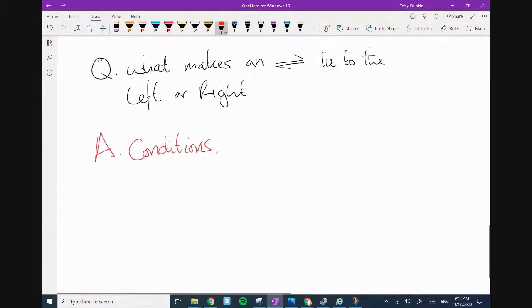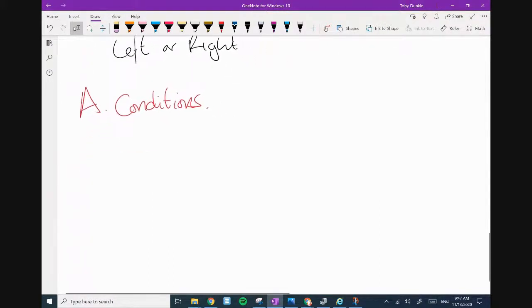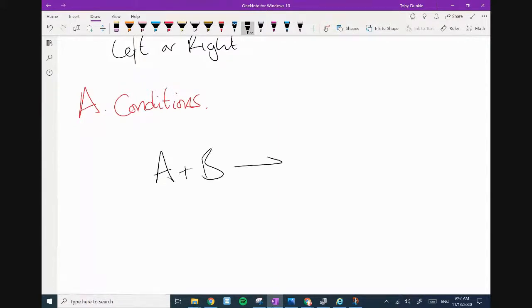So we're going to do this next lesson, Ruby. What we will then realize is that we can actually shift the position of equilibrium. If I had an equilibrium, A plus B in equilibrium with C, and I have 8, 8, and 2, I know that currently lies to the left.